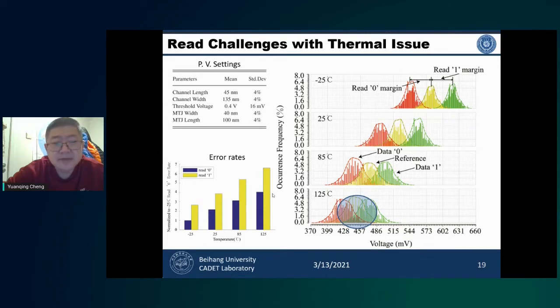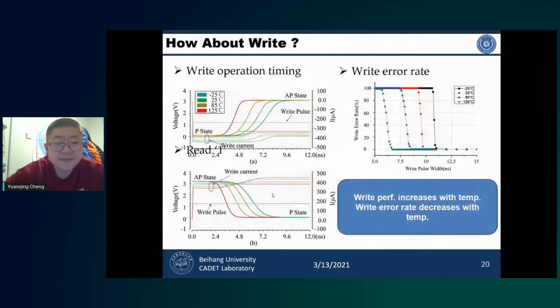And this overlapping is also called the read disturbance. That means that we erroneously read out the wrong data at high temperature. And as the temperature increases, the read disturbance also becomes more severe. As for the write operation, because the increased temperature can reduce the thermal stability, we can switch the MTJ state more easily.